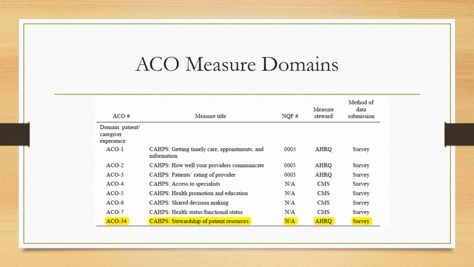Now I'm going to cover the ACO measure domains, and what this means is each domain is kind of a subsection, and the measures all fall into each one of those subsections. If you look at this slide and you start from the left and move to the right, it's going to show what the ACO number is, what the measure is, what's the title, the National Quality Forum number, and then the measure steward.